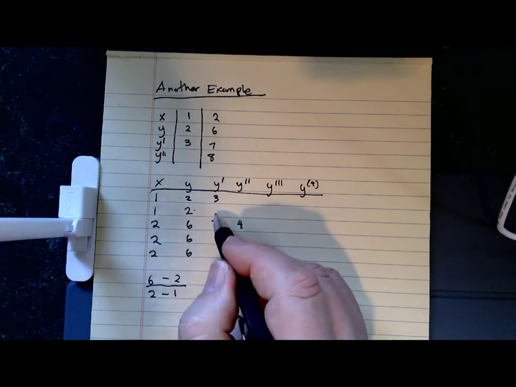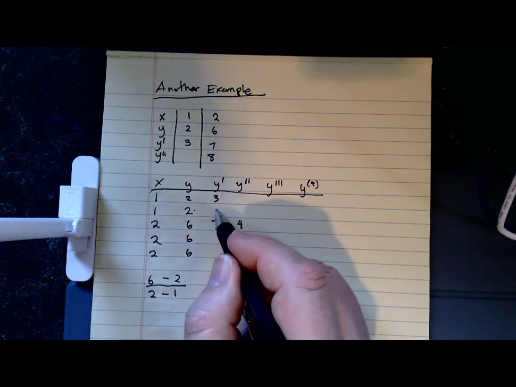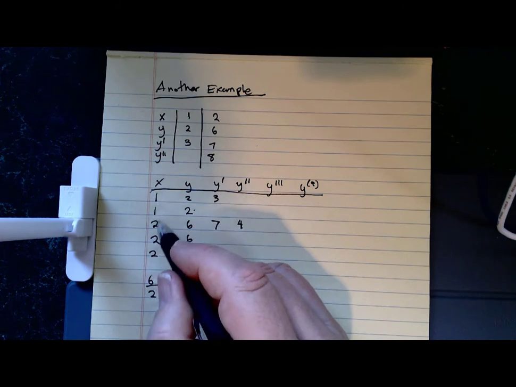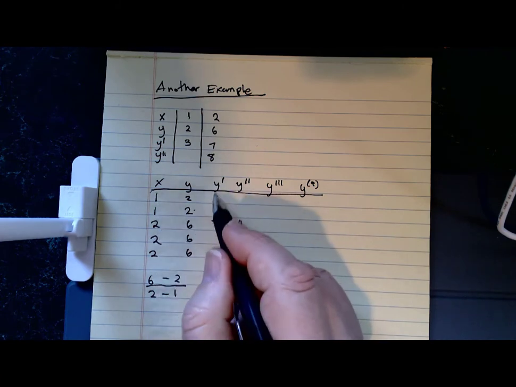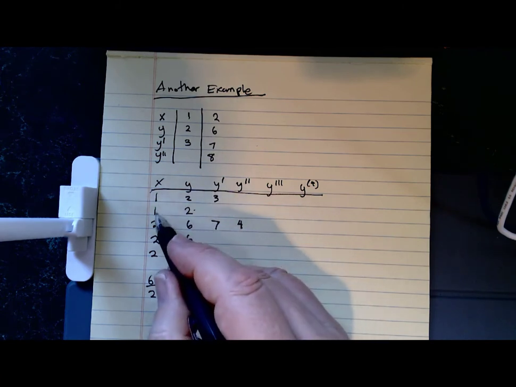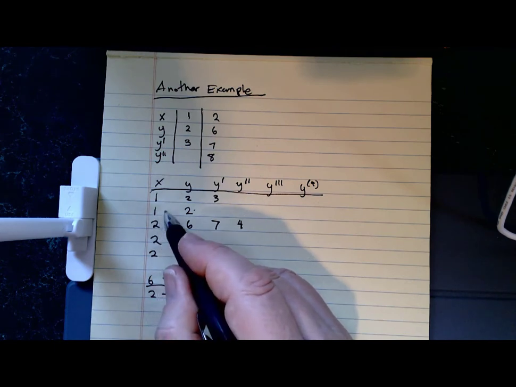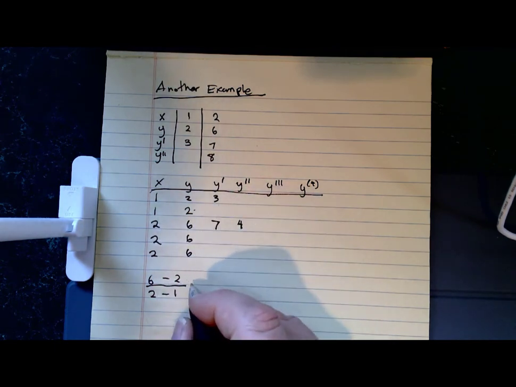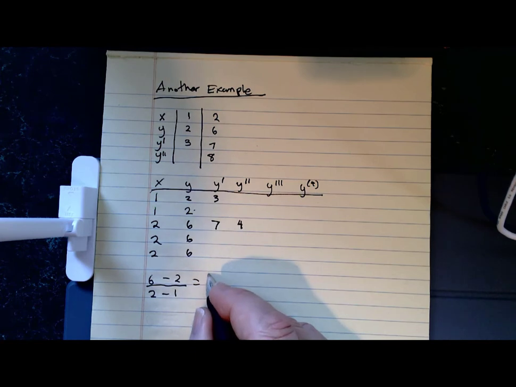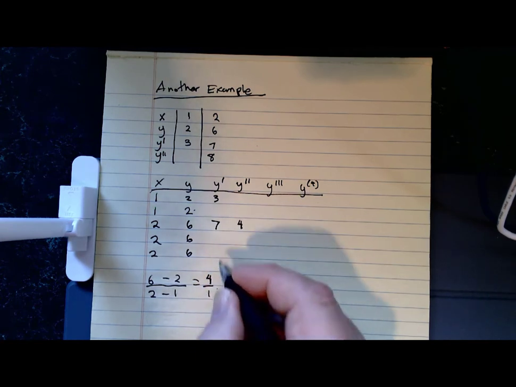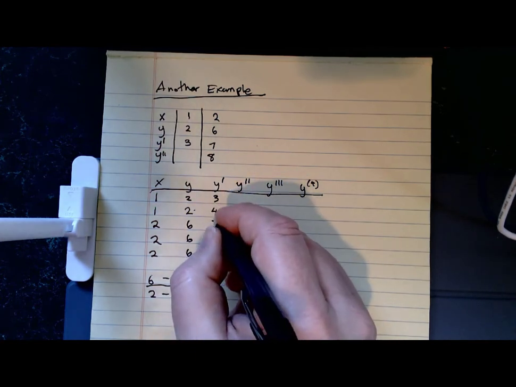And then since we're in the first calculating column, we just have one step between the two things here. And so this gives me 4 over 1, and so I'm putting in a 4 here.